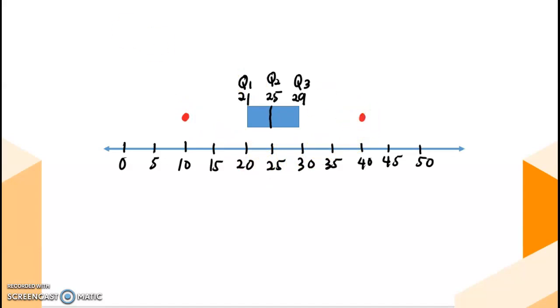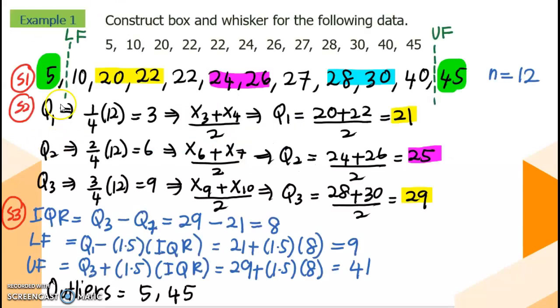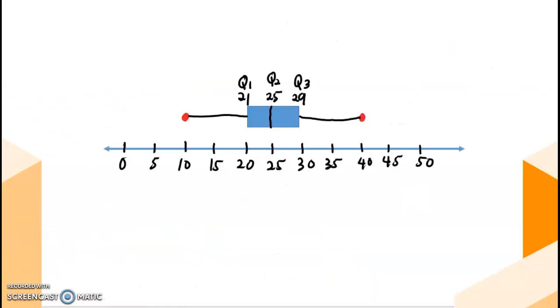And then we draw the whisker. Done for the whisker. And then don't forget we are going to put in our outliers, which are 5 and 45. So we put the outliers.